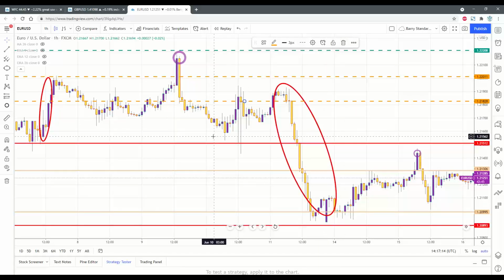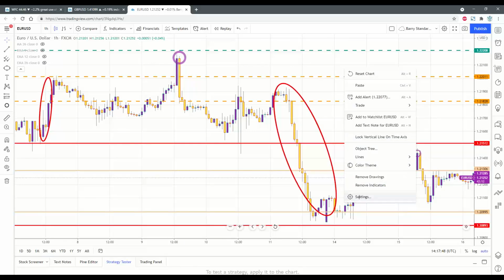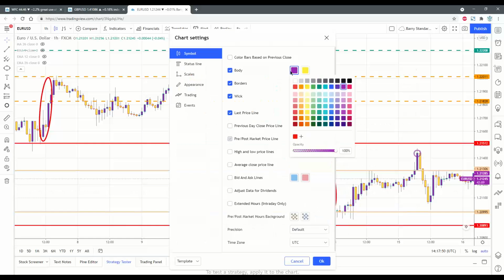As long as you know which color is bullish and which color is bearish, it's perfectly fine. So if your favorite colors are chartreuse and pink, make them chartreuse and pink. There's some brands out there that when you go on their platform and use their charts, they have them as company colors. There's one that has blue and gold candles, and their company logo and their company colors are blue and gold. But it's not important as long as you know which one is which.